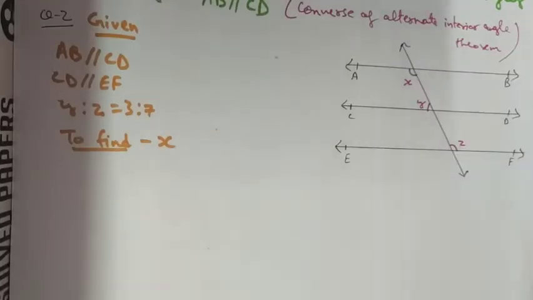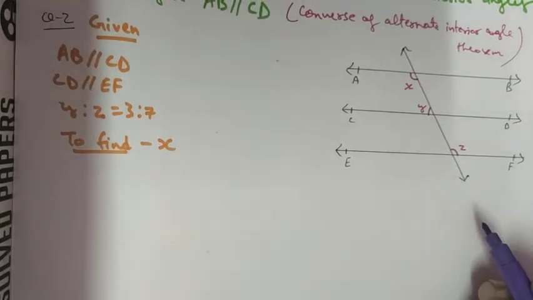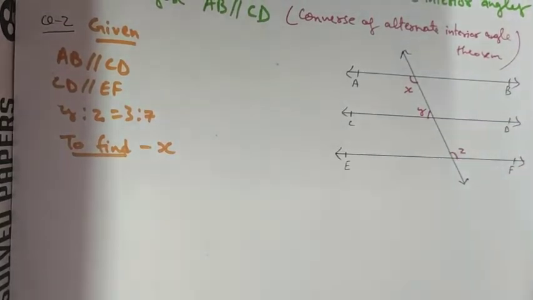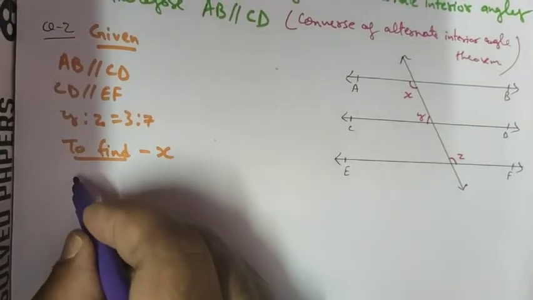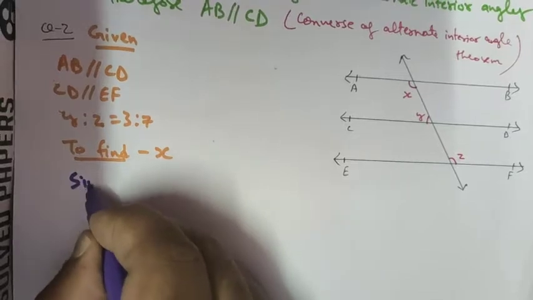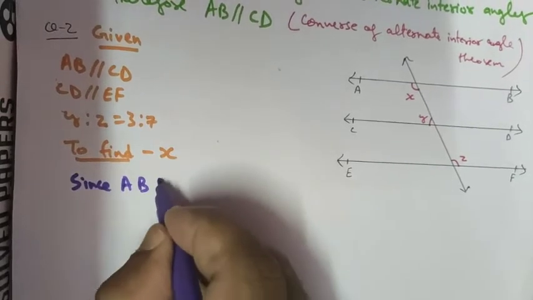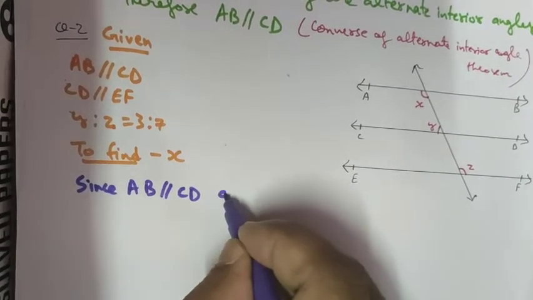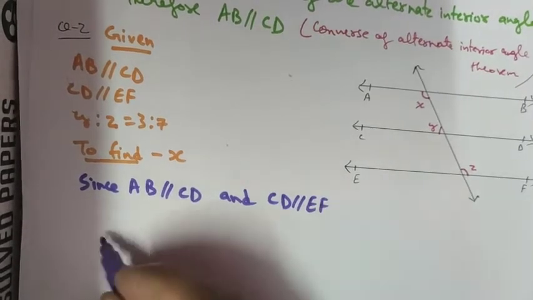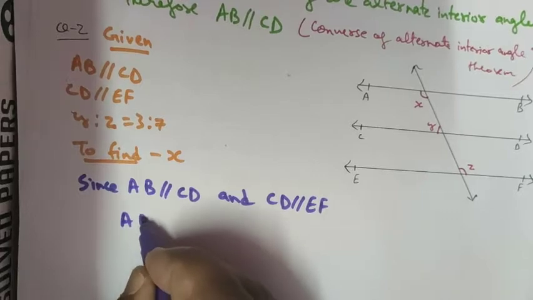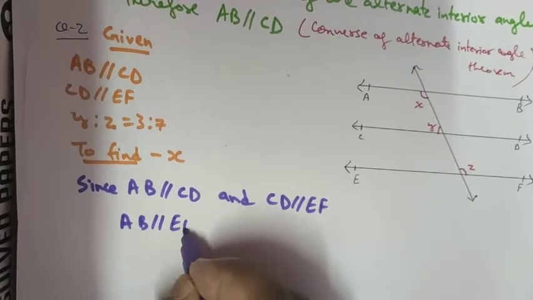It is given that AB is parallel to CD and CD is parallel to EF, and y is to z ratio is given 3:7. We need to find the value of x. First of all, since AB is parallel to CD and CD is parallel to EF, then AB will be parallel to EF.